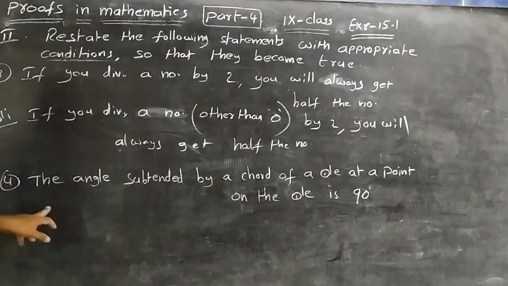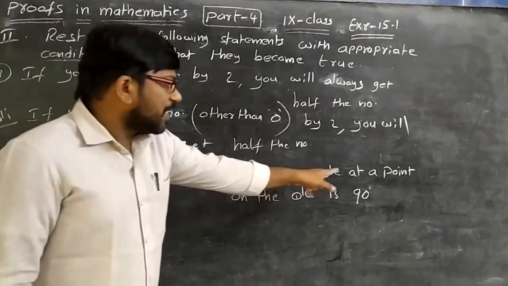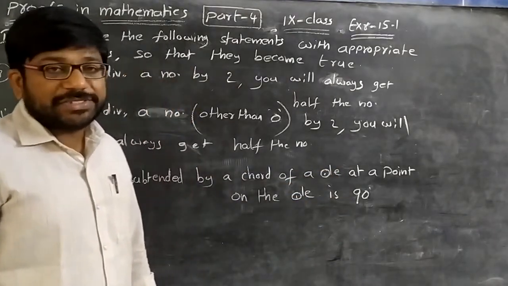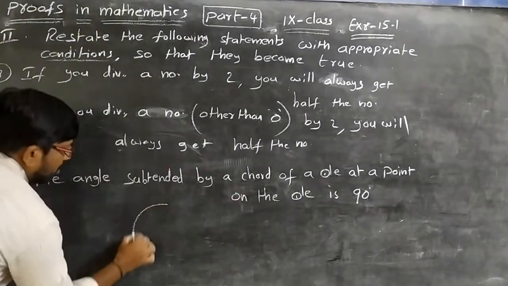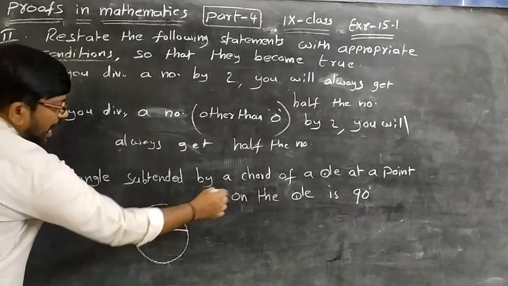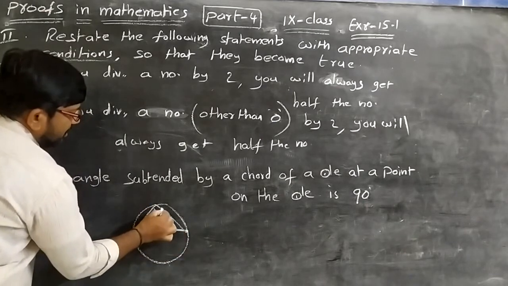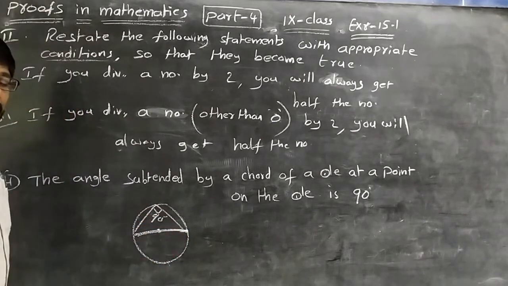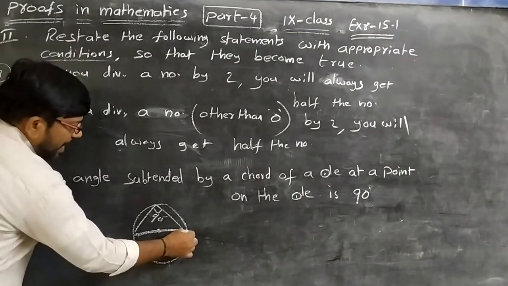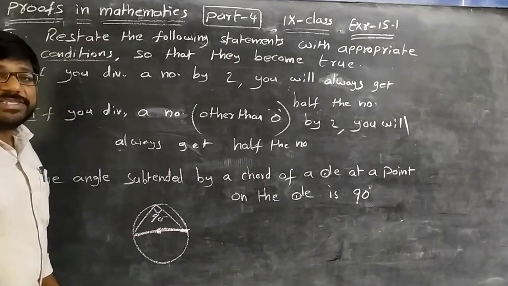Next statement. The angle subtended by a chord of a circle at a point on the circle is 90 degrees. See, it is a circle, it is a chord. Angle subtended by this chord on the circle is 90 degrees. We know very well the angle in a semicircle is 90 degrees. The angle subtended by the diameter, the diameter is the longest chord.